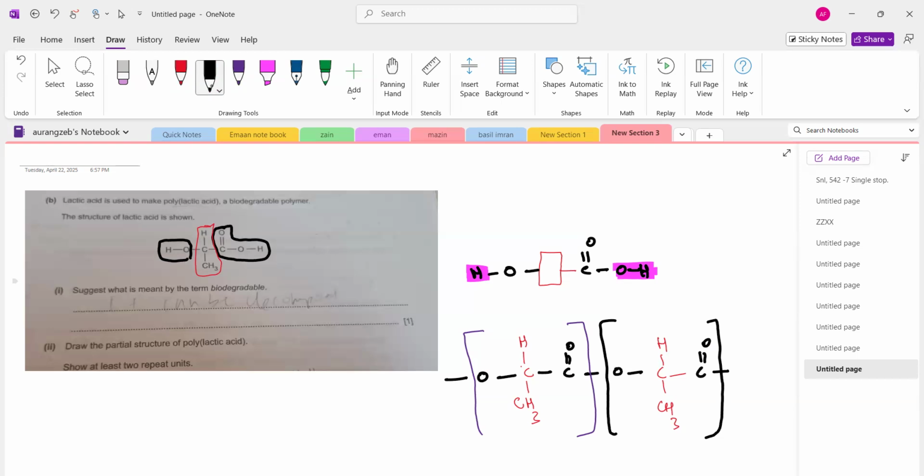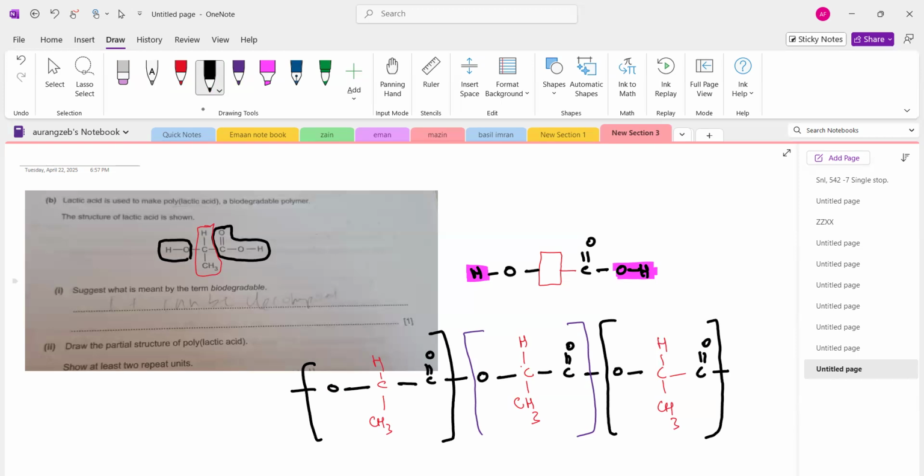So another can be repeated in a similar way. You can see I'm drawing on this side. Which part comes first? This one, C double bond O, then CH3 and H, right? And then oxygen. So it will keep on going on both sides. So we have drawn three of the repeating units.